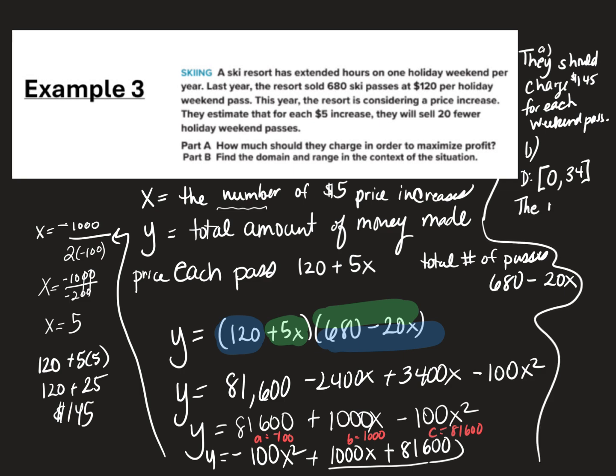The number of $5 increases can vary from 0 to 34.